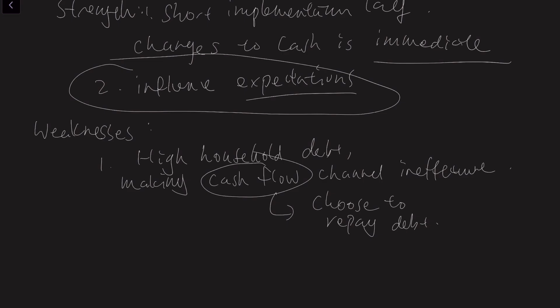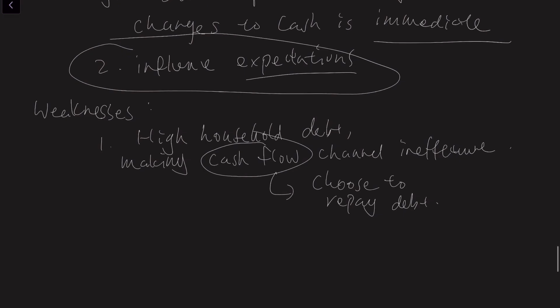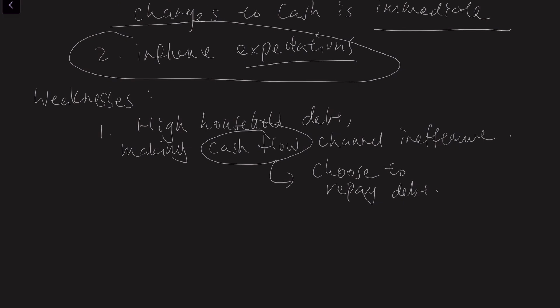And when they choose to repay this debt, there's actually zero effect of monetary policy on consumption. Because the goal is to make people spend money. But if people are not spending money, then the channel becomes ineffective. So that's why during COVID, we need to decrease interest rate by so much to stimulate the economy, because we have such a high level of household debt.